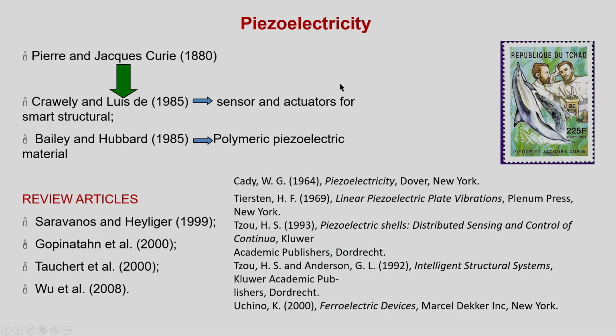First of all, we must know what piezoelectricity is. The word piezo means pressure, so electricity is produced due to pressure. This effect was discovered by Pierre and Jacques Curie in 1880. They discovered that in a quartz crystal, if you apply pressure across the thickness, then electrical voltage or current is generated.